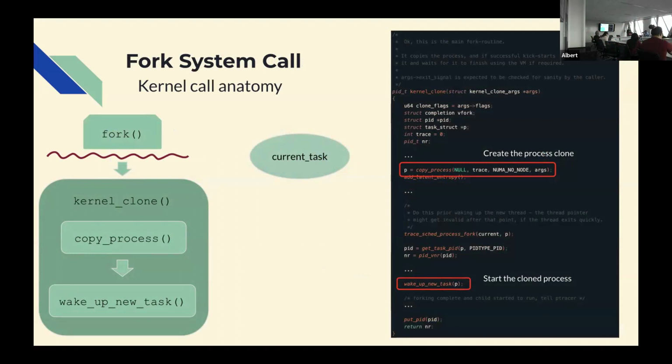And there's a per-CPU data structure called current_task that represents the current running task on a given core. So when kernel_clone gets called and copy_process gets called, it essentially creates a copy-on-write clone of the current task. So when we call fork, that would be the parent process's task.